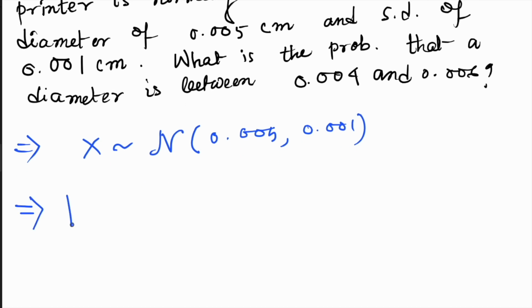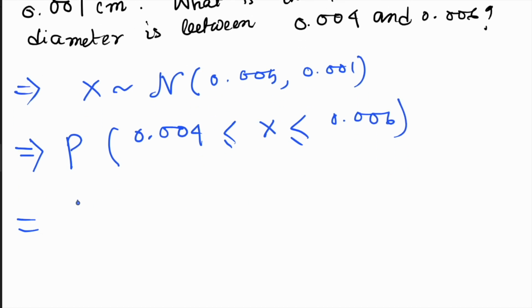So we have to calculate the probability that this x lies between 0.004 and 0.006. So we again take it to the standard normal distribution, since x is normally distributed.